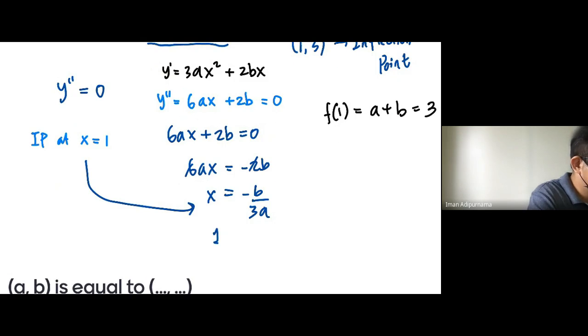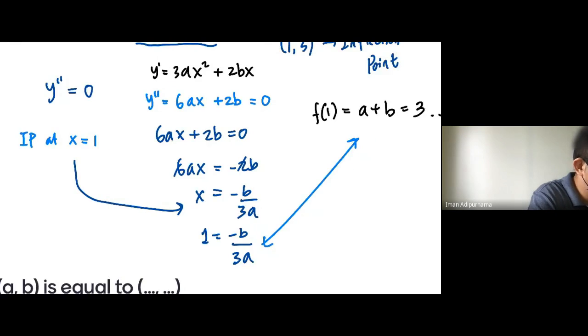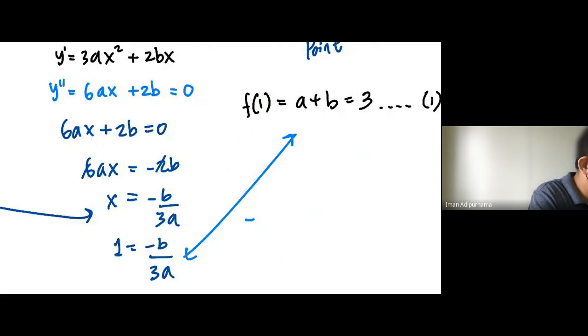So 1 is equal to 3a. Why did I make that mistake? And then put it here. So minus b is 3a, or b is negative 3a.